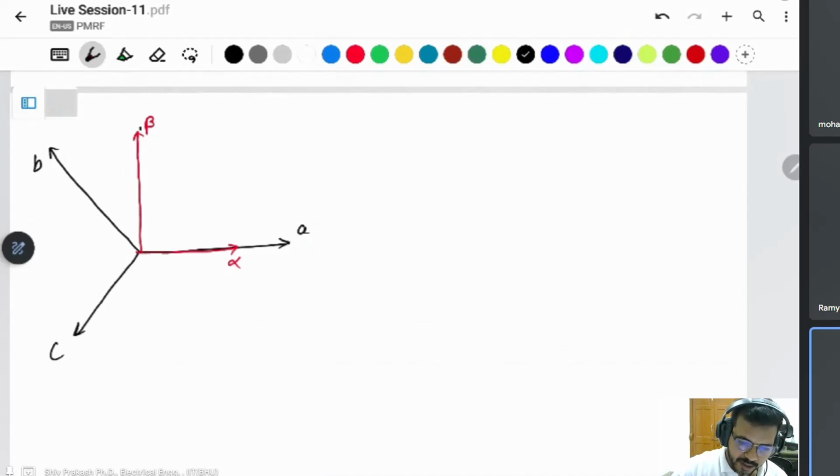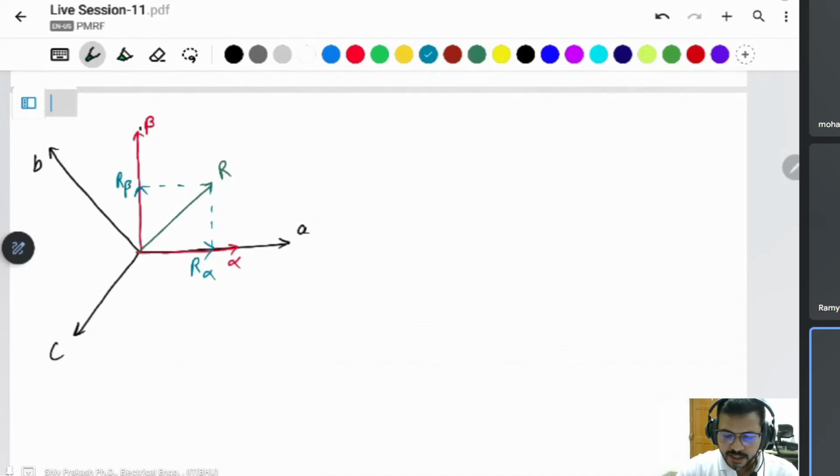So there is some vector, some magnitude, R. What is the projection of R onto the alpha side and beta side? You know about projection. This will be R alpha, and this will be R beta.